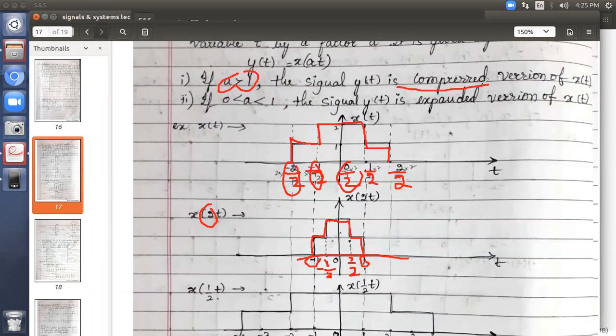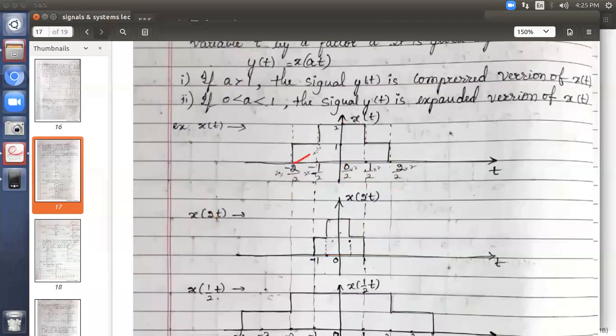Now let us take one more example wherein the A value given is a fractional number. That time the output will be an expanded version. So obviously the range will not be -2 to 2 now. Expanded means it will be bigger than this.